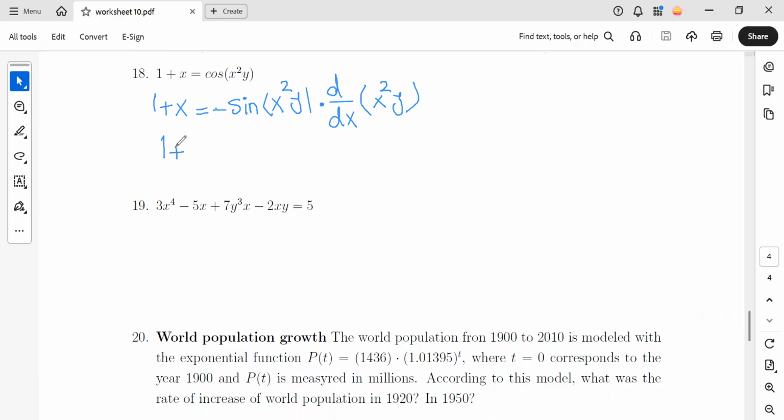So we would keep 1 plus x here. We would rewrite negative sine of x squared y. And we know that for this part, we would have the product rule. We would copy the first one, derivative of the second one, which is y prime, and copy the second one, derivative of the first one. And the goal is finding y prime.